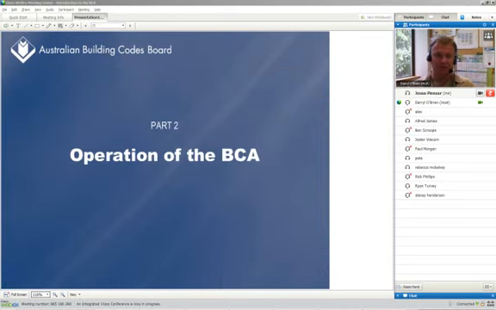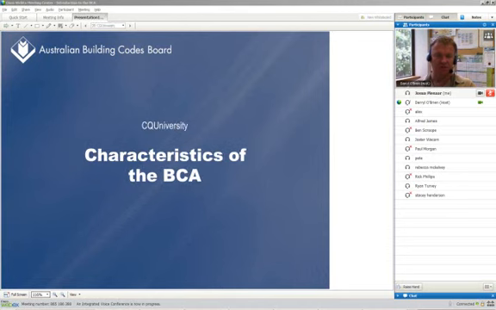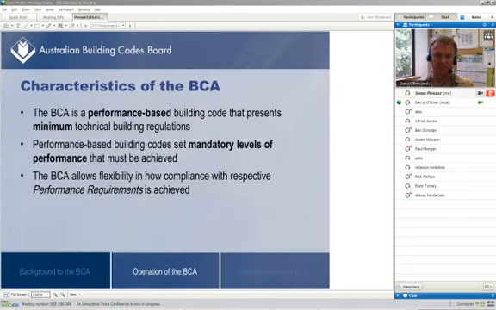So operation of the BCA, we'll touch on some of this, the characteristics of the BCA. Now, this is probably getting into more interesting ground for you guys to get an idea about what the BCA is and how it works. First of all, it is a performance-based building code that presents a minimum technical building regulation. Performance building codes set mandatory levels of performance that must be achieved.